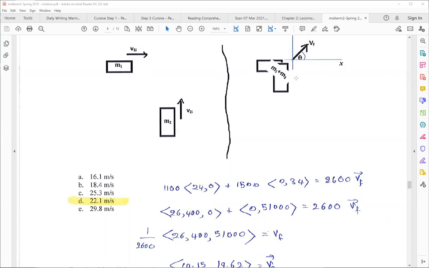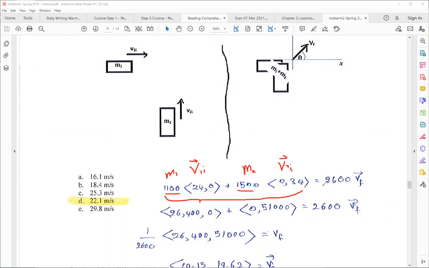So the idea is to use the conservation of linear momentum. Before the collision, we have mass 1 times velocity 1 initial, as a vector, plus mass 2, the 1500, times velocity 2 initial.